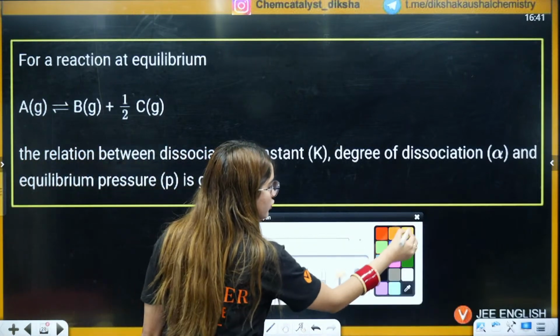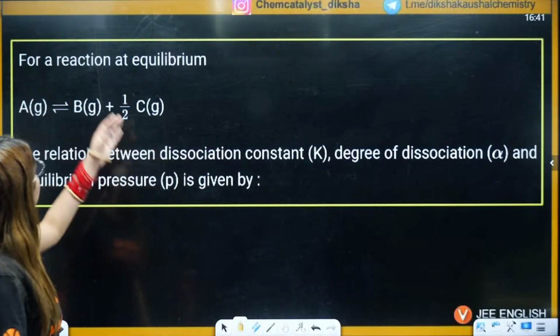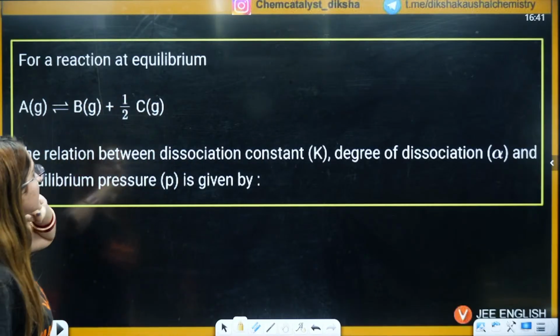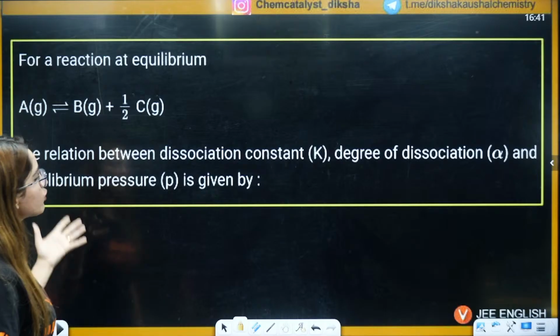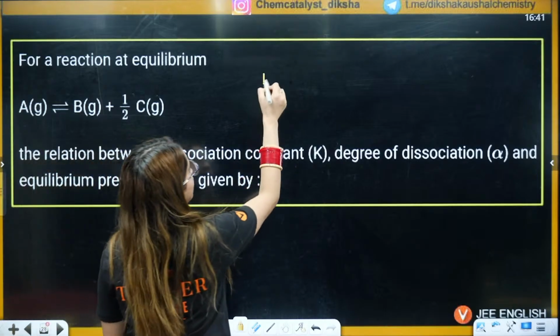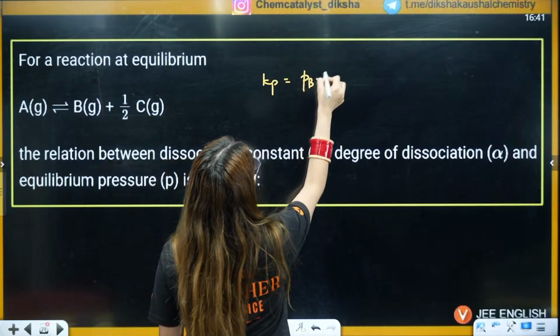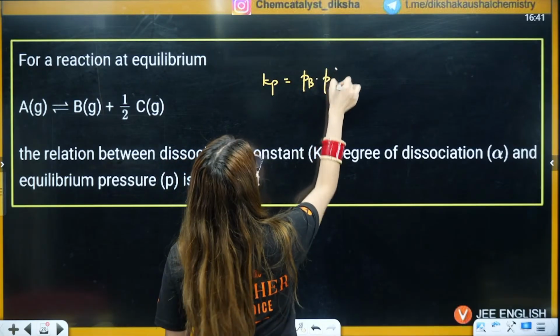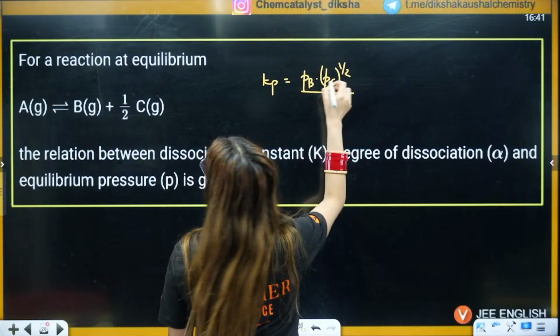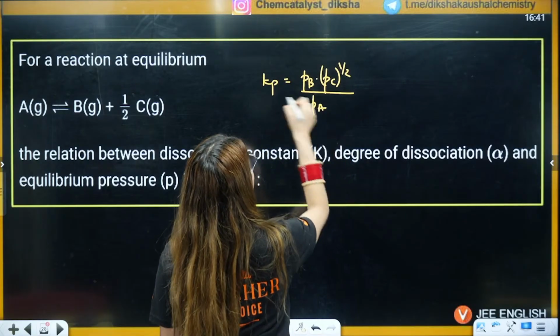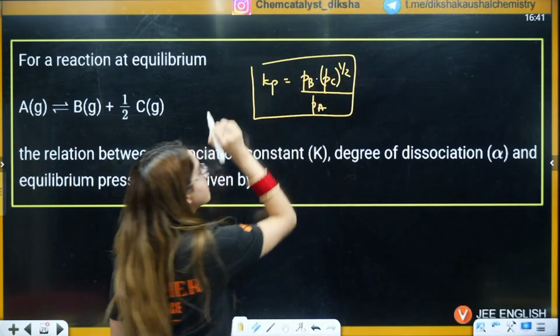So if you talk about this reaction here, we know what Kp is. Kp is equal to the partial pressure of B multiplied by the partial pressure of C raised to power 1 by 2, divided by the partial pressure of A. That is the value of Kp, right?